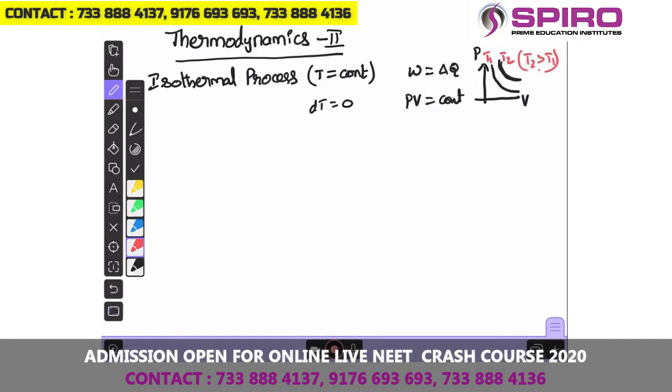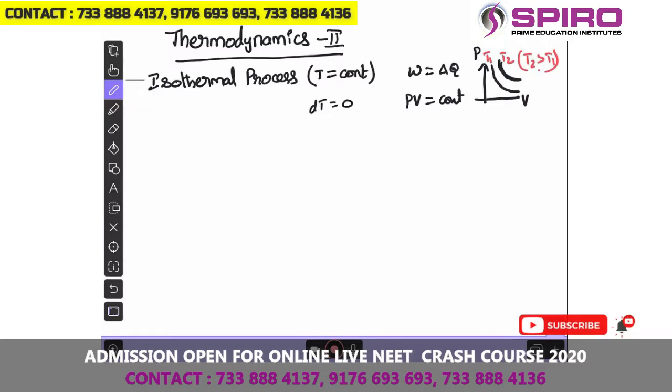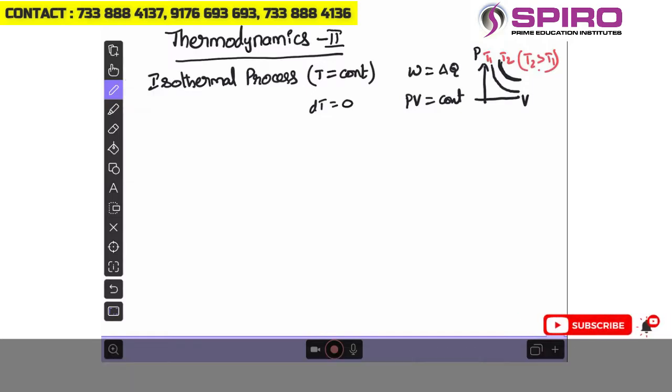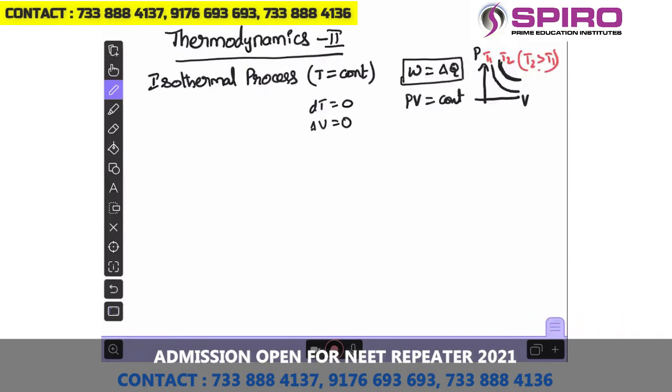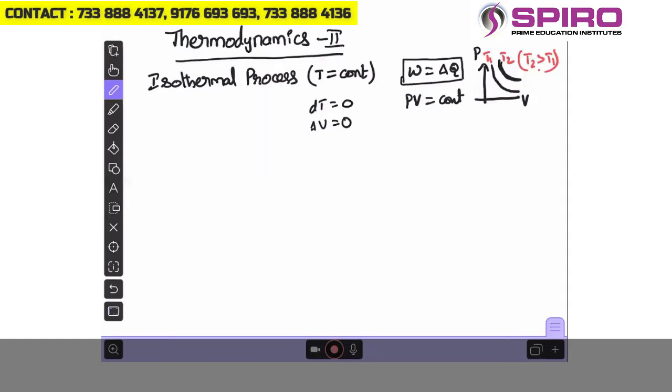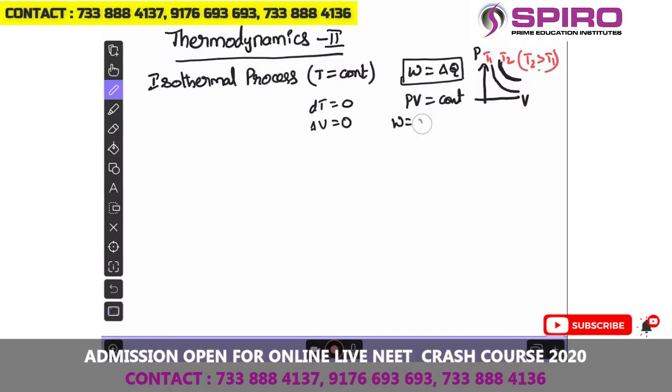Isothermal work done, what all the conclusions we are writing here. The change in the internal energy also will be 0, and according to first law of thermodynamics, W equal to delta Q, and the isothermal work done is nRT ln V2 by V1.